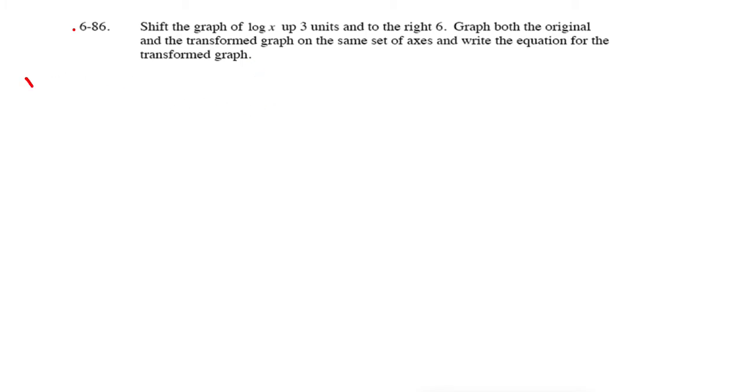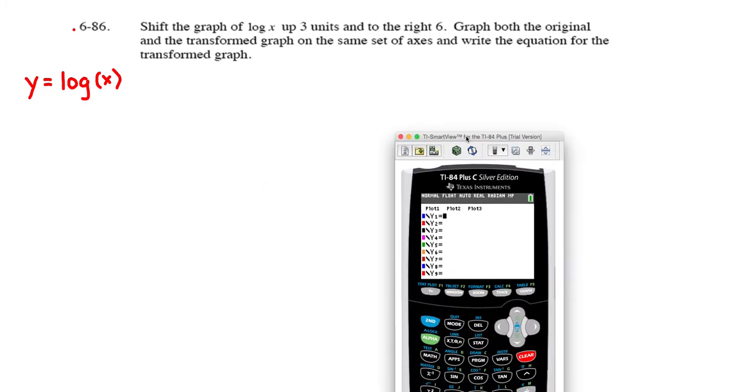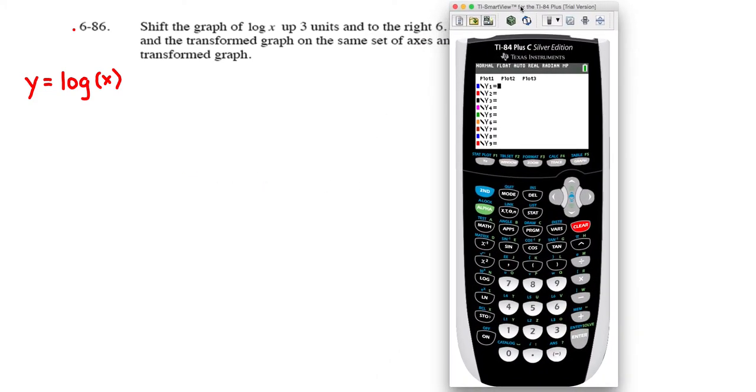First of all, our original graph is going to be y equals log of x. Remember, this is like base 10. Let's pull out our graphing calculator. I'm not going to graph it by hand here because I have the ability to use the calculator, and I think you'll be able to see a little bit better what we're trying to do here.